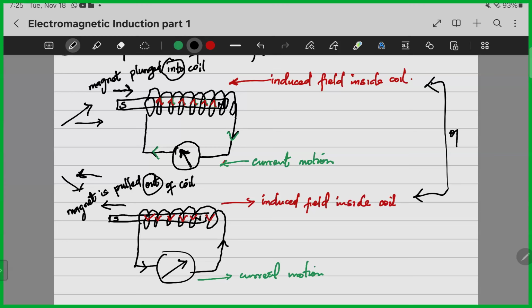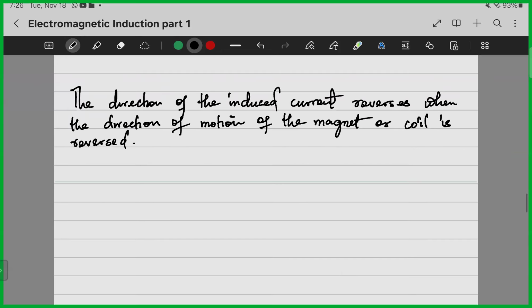In the first case, the induced field was moving like this, while in the other case, the induced field is moving in the opposite direction. So just keep that in mind. That's the point I was trying to establish.